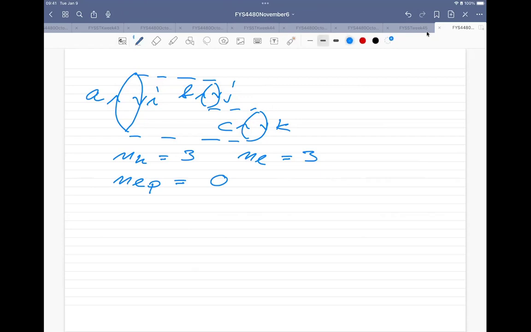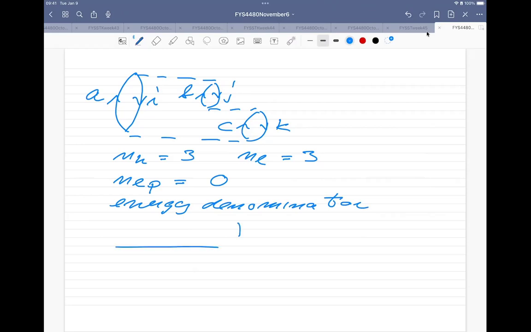Then, if I now look at the energy denominator, just to bring up the different pieces, what we get then is the following.